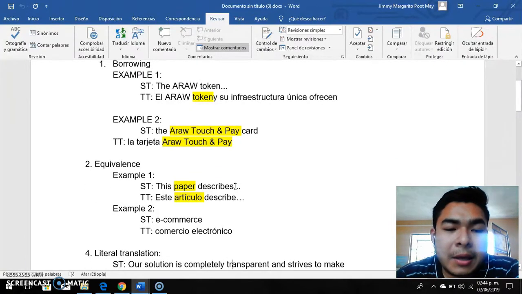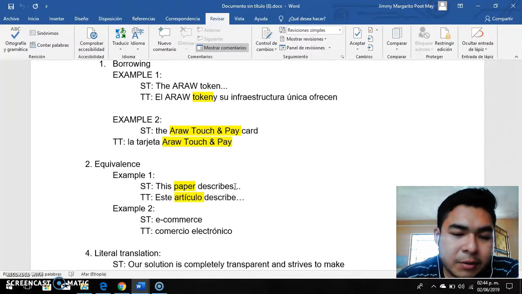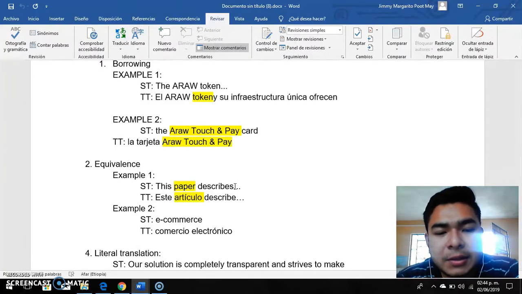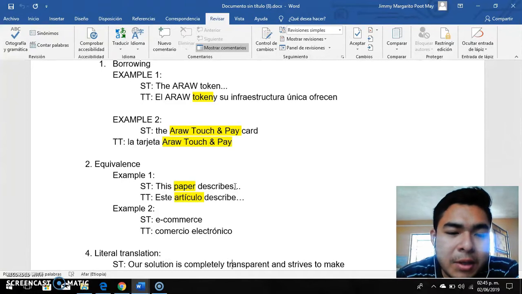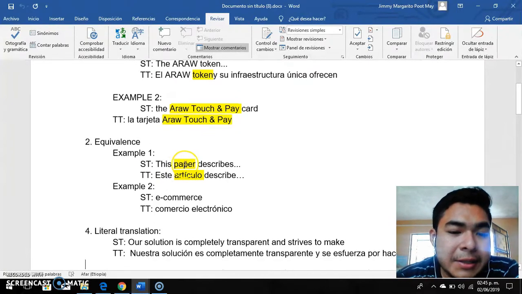Another technique, the second technique I use, is equivalence. Equivalence was used during all this process because there were many English words that have an equivalence in Spanish. For example, I started with this paper.